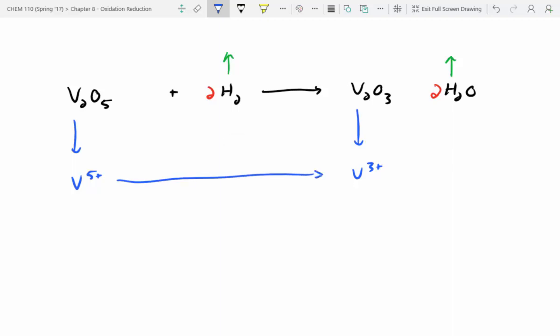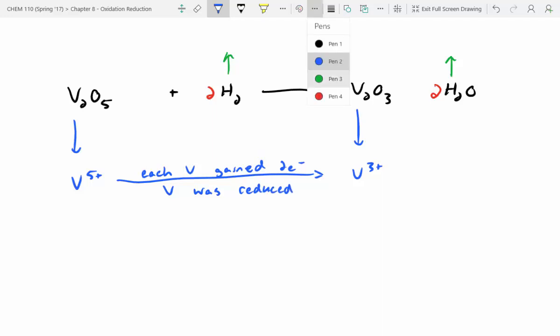Okay, so vanadium, did it gain or lose electrons? It must have gained too. It's becoming less positive, getting closer to neutral. So each V gained 2 electrons. So is this reduction or oxidation? Reduction. So vanadium was reduced.